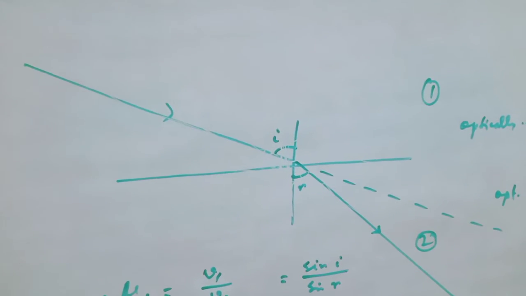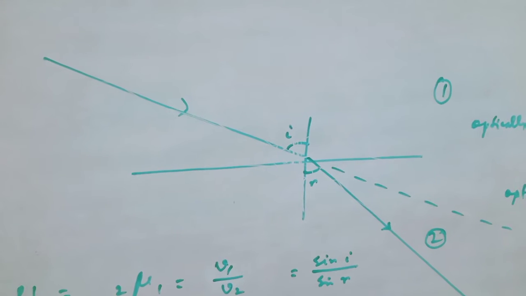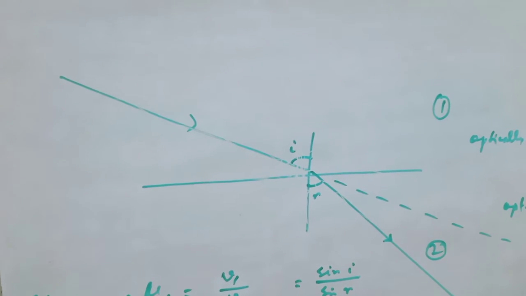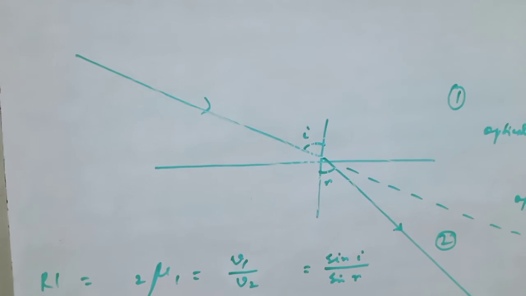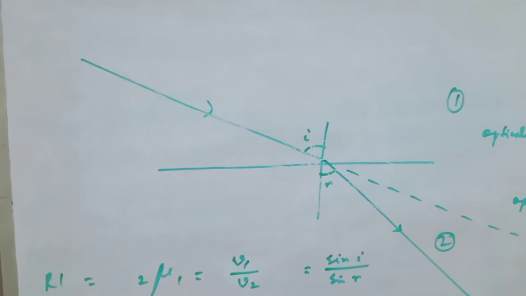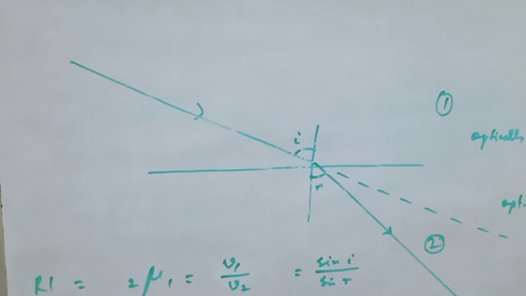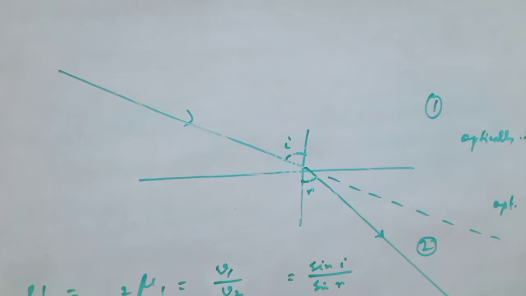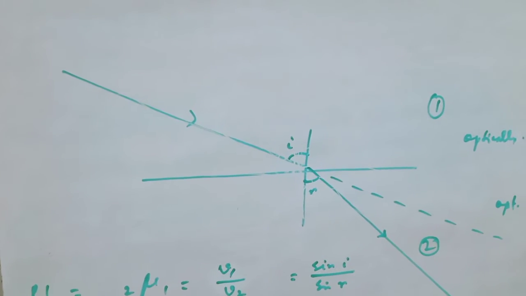Now, whenever light travels from one medium to another medium, its speed changes. Because of the change in speed, it cannot follow the same track. It must get deviated from its original path.